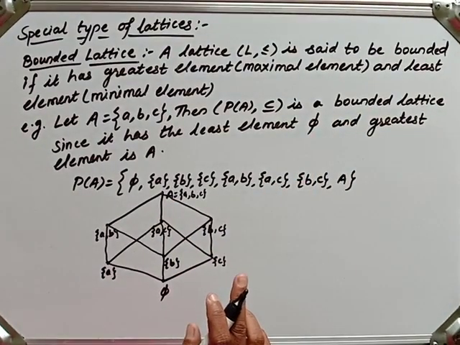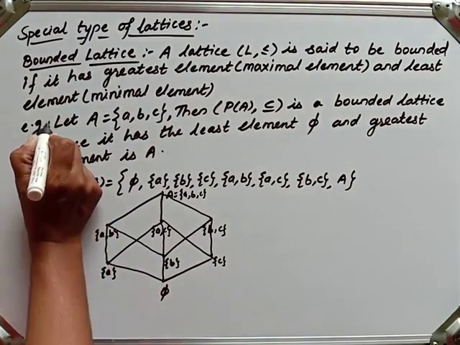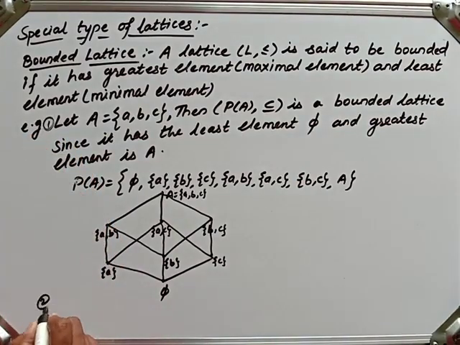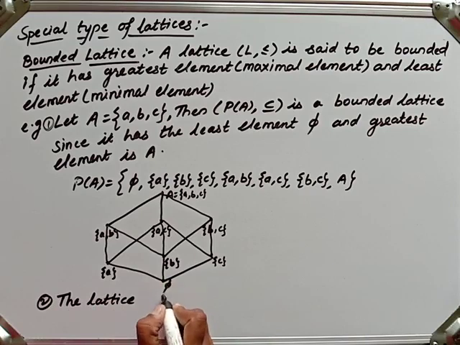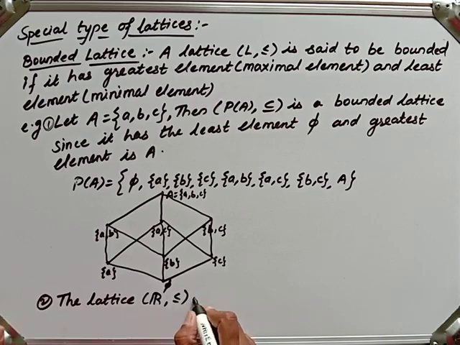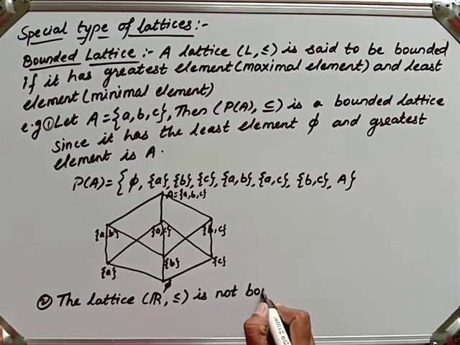Now let me take the next example. Suppose this is the first example. Now as a second example we can take the lattice of the set of real numbers with the less-than-or-equal relation.